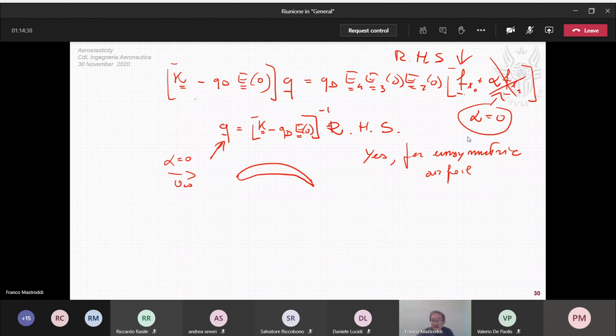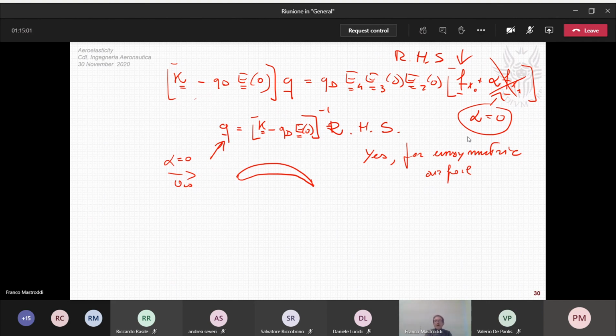And in fact, this phi 0 vector is the vector built by the initial unrotated configuration, which may be such as to describe an unsymmetric airfoil.